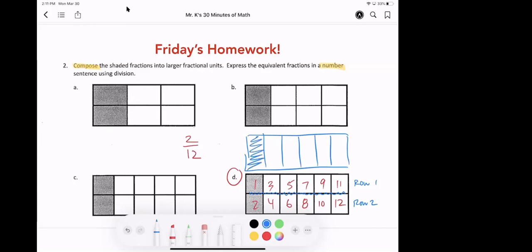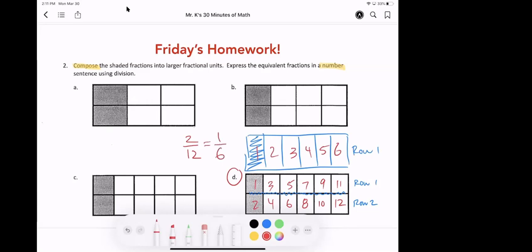Okay, because we got rid of that line in the middle, so we went down from 2 rows down to just 1 row. How many pieces do we have now? Well, 1, 2, 3, 4, 5, 6. And how many are shaded? That's right, just 1. So there you have it, 1/6.